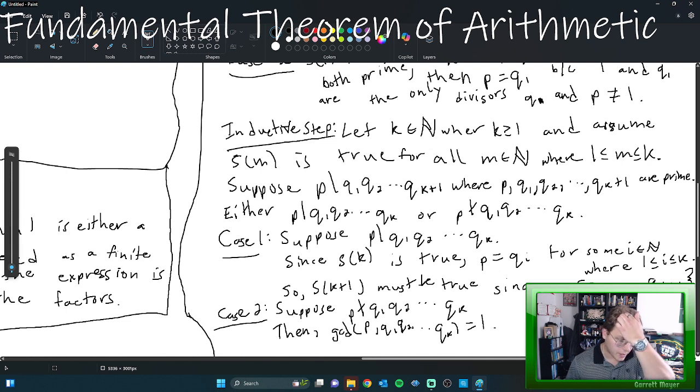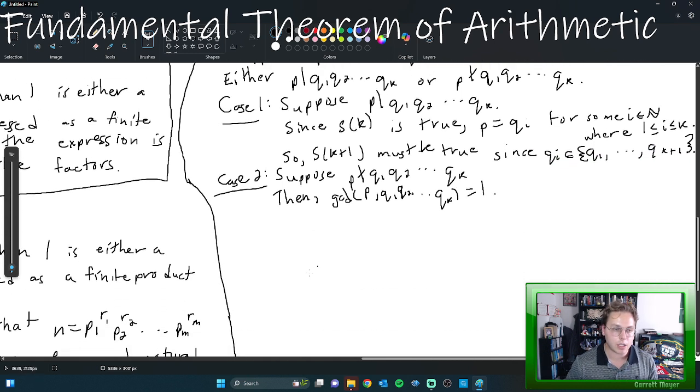And the reason why is that the only factors of P are P and 1. And since P does not divide this product of primes, P cannot be a common divisor. So the only common divisor they have would be 1. So the greatest common divisor is 1.